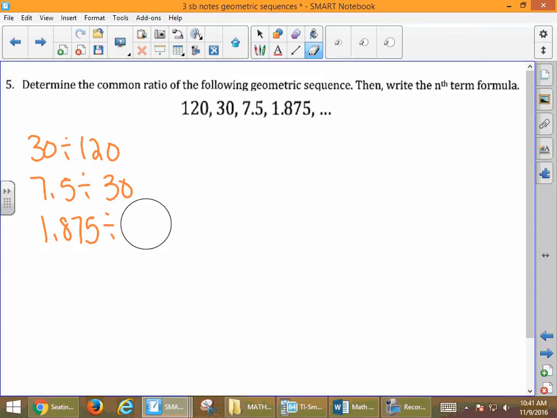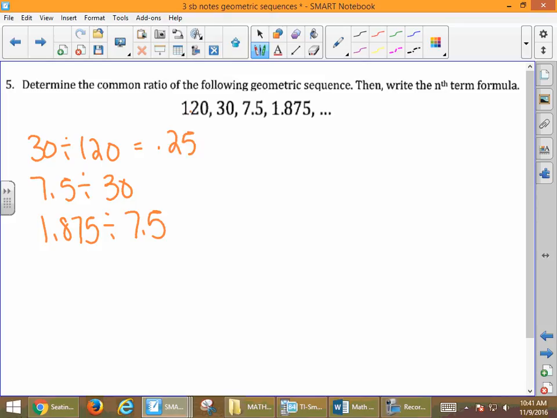One more time, 1.875 divided by 7.5. If we had the time to type it in each time, we find out that we get 0.25.